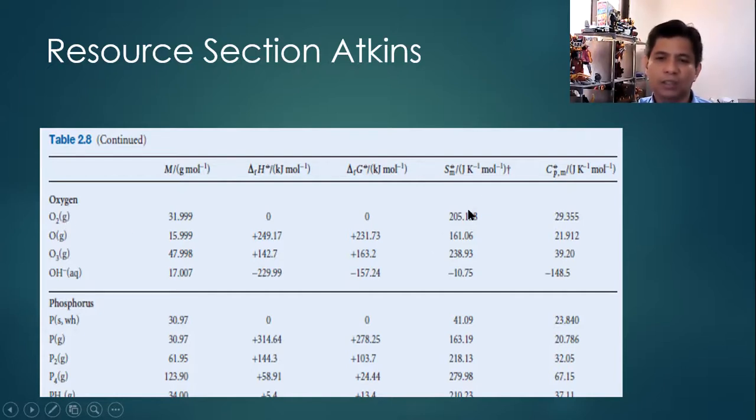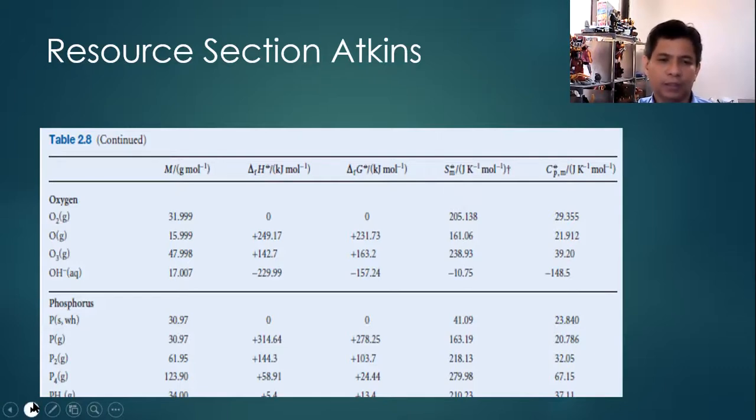So you need to consider yung mga standard elemental forms sa reaction kasi hindi zero yung standard molar entropy nila. And for all the other compounds, most probably you can find the values at the resource section of Atkins.